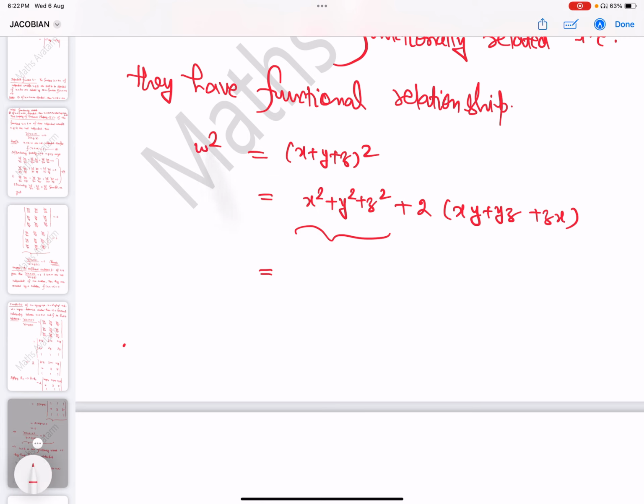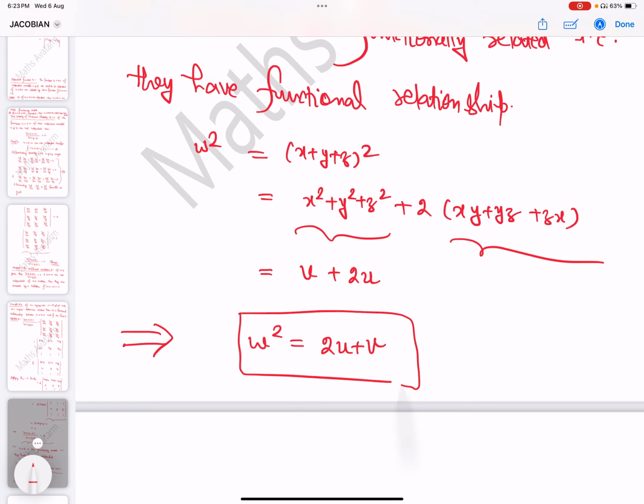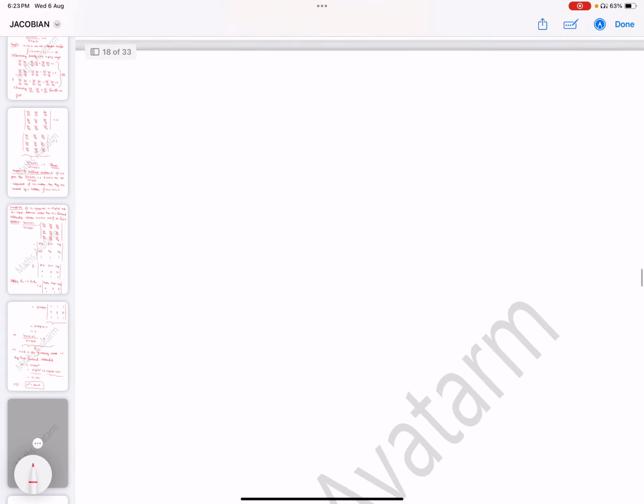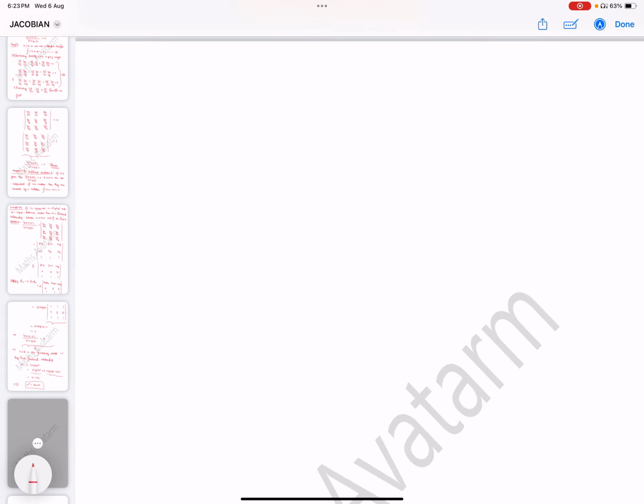So what is w square? This is v, and this is u. So what we got? We got w square equals v plus 2u. Okay, so this is the functional relationship. Now move to the second example.